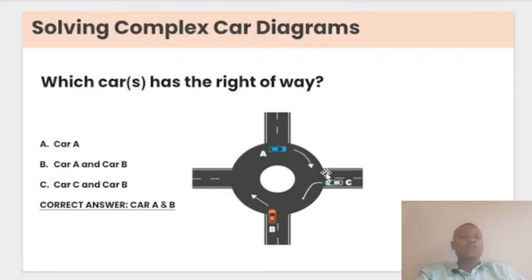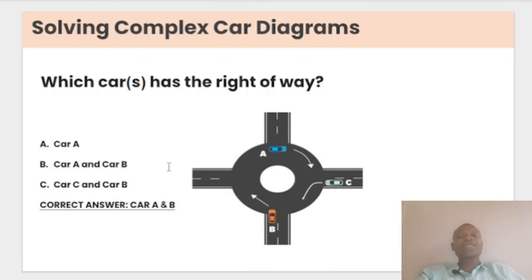However, car C is close to the already circulating car. What that means is car C cannot enter the roundabout. Why? Because car A is close. If car C attempts to enter the roundabout, it will disturb the movement of car A. Therefore, car C should stop whilst car B can safely enter.